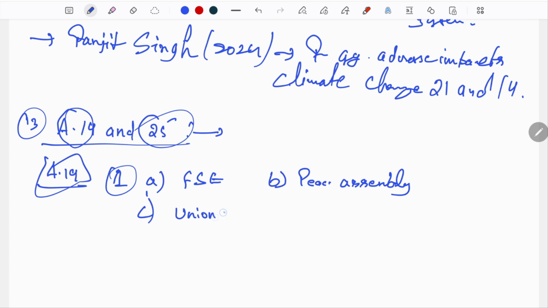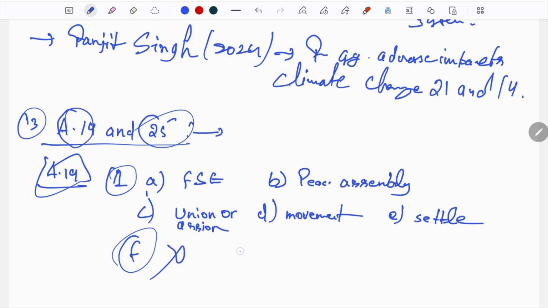D is about right to freedom of movement. E is about reside and settle in any part of the territory. F is repealed. And G is about practice of profession.